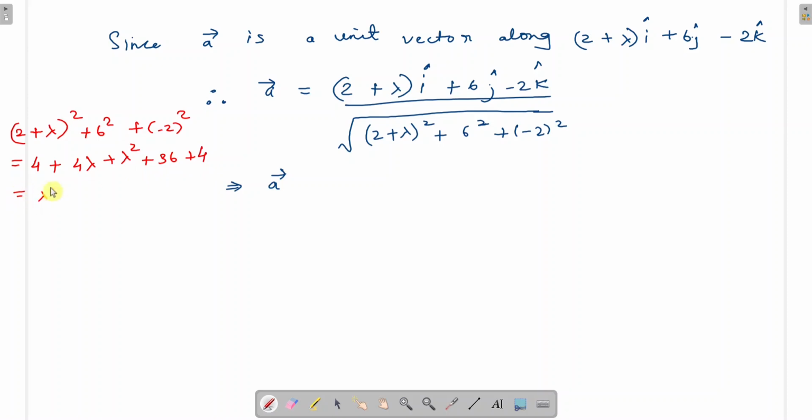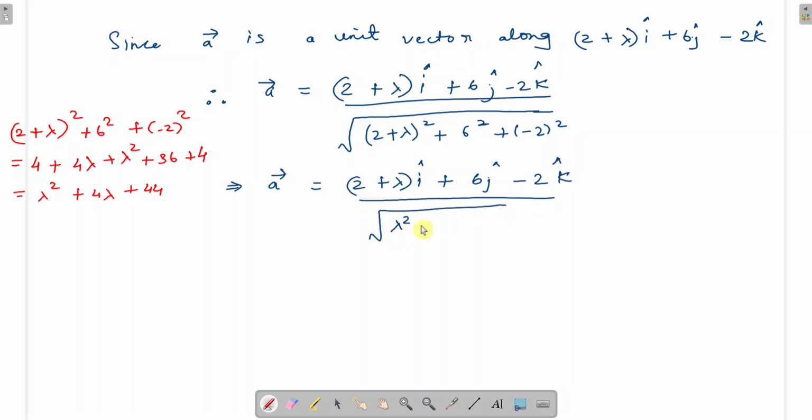So that is lambda square plus 4 lambda plus 36 plus 4 is 40, 40 plus 4 is 44. So a bar is 2 plus lambda i cap plus 6 j cap minus 2 k cap divided by the root of lambda square plus 4 lambda plus 44.